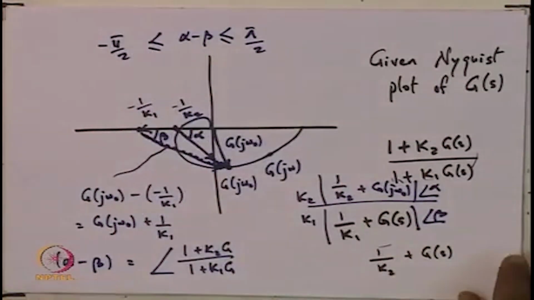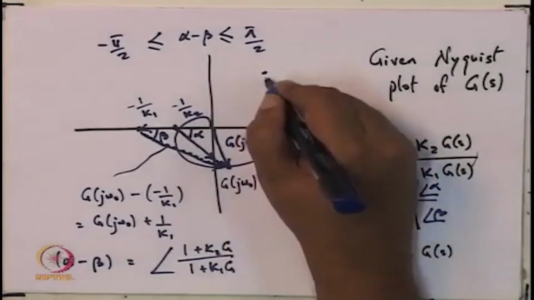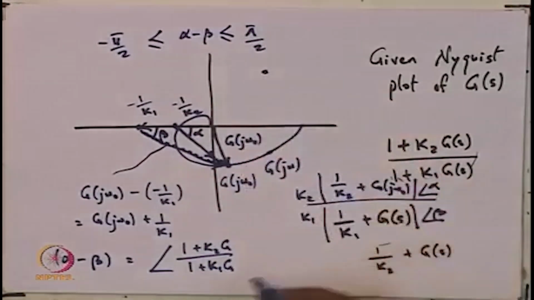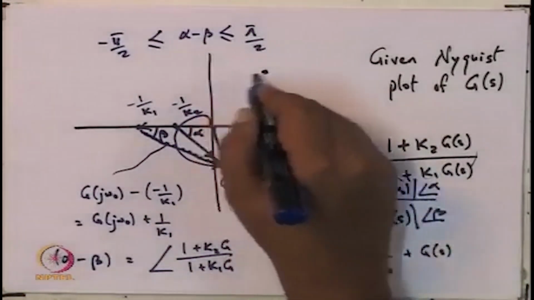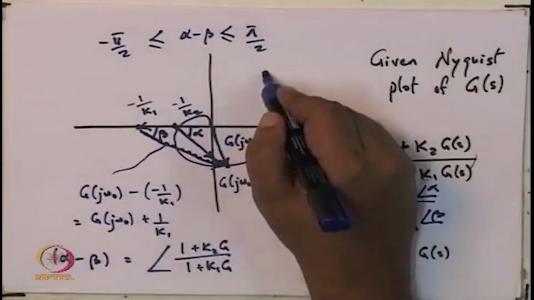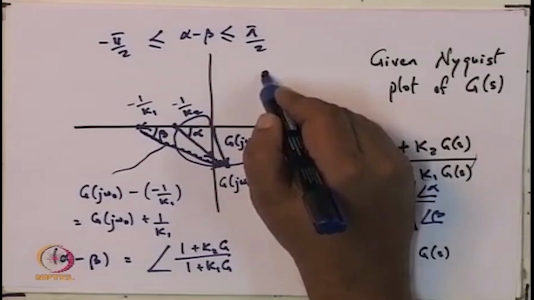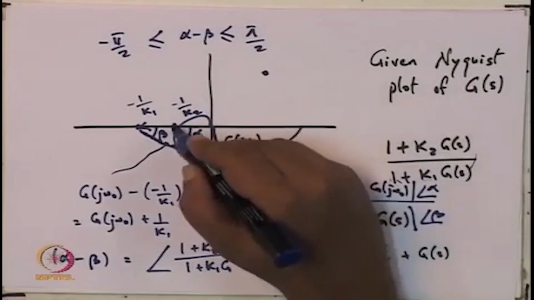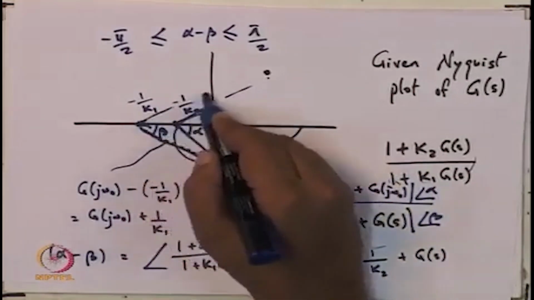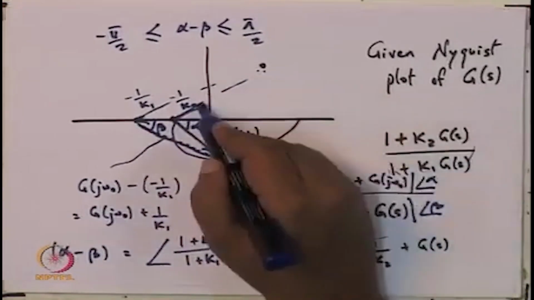Yeah. So, now what that means is, if you take any point, then if that point is to be a point on the Nyquist plot of G s, then to know the angle corresponding to that point, we draw these lines from minus 1 by k 2 and minus 1 by k 1 and look at the angles.